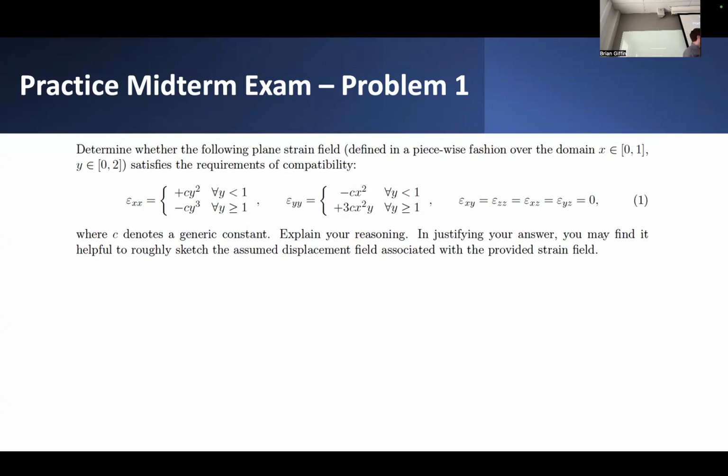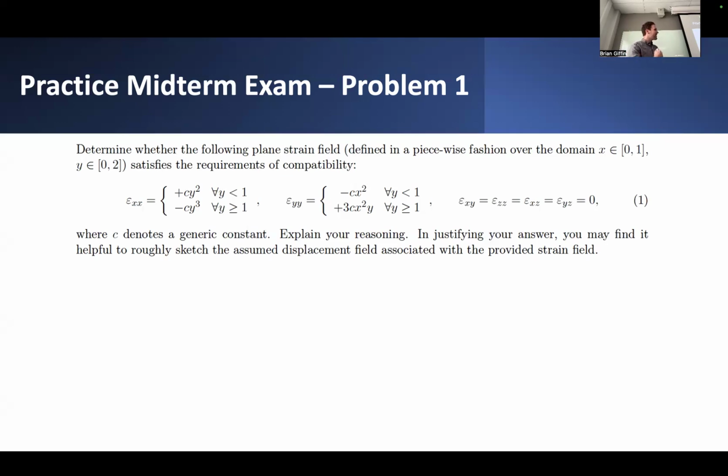All right. And then in justifying your answer, I suggest that you might want to try sketching things out. So let's actually try that. Before we dive into this problem, I'll ask you, what would be your approach to solving this problem? If this was the real exam, what would you do? What's the first thing you would do? Integration, you say.